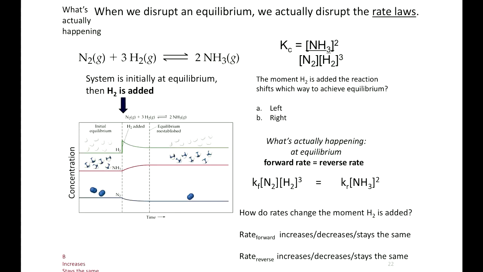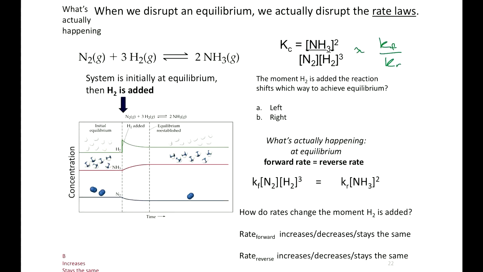There is a forward rate and a reverse rate based upon the concentrations of products and reactants. So here, that's where Kc comes from, and we know that Kc is also equal to the forward rate constant over the reverse rate constant.